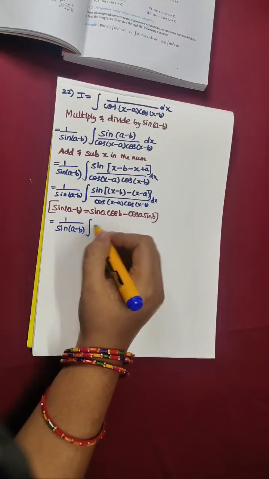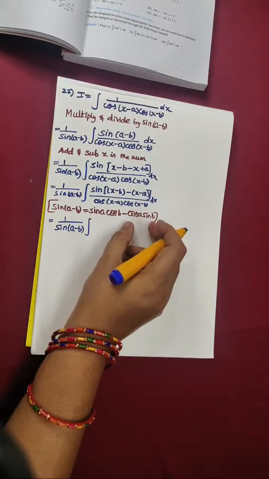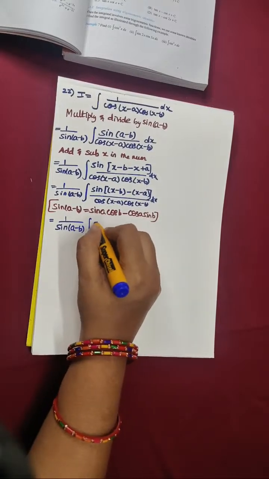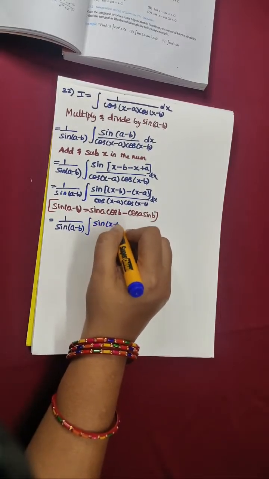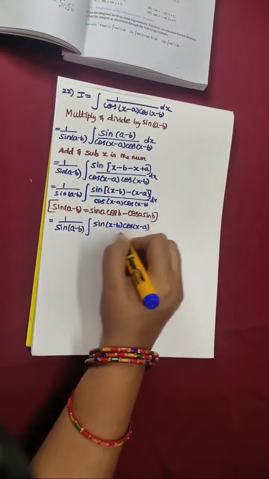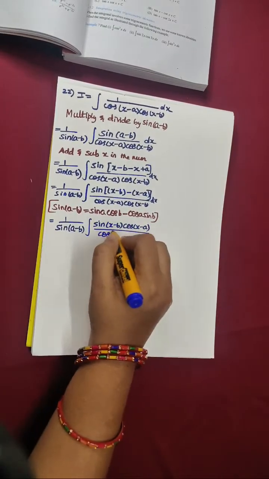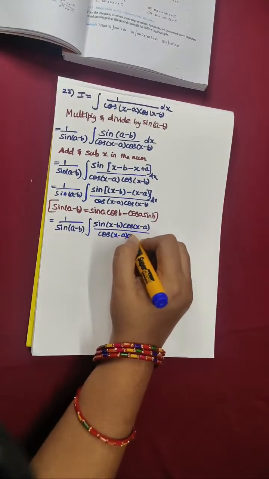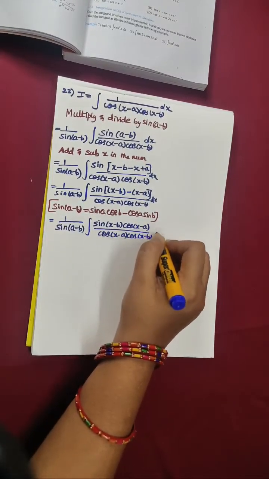I'm just splitting it into two terms. Now sine of x minus b into cos of x minus a, the whole by cos of x minus a into cos of x minus b dx.